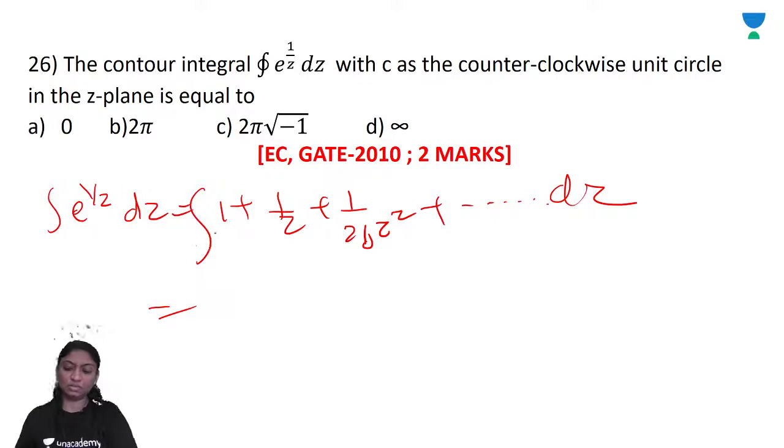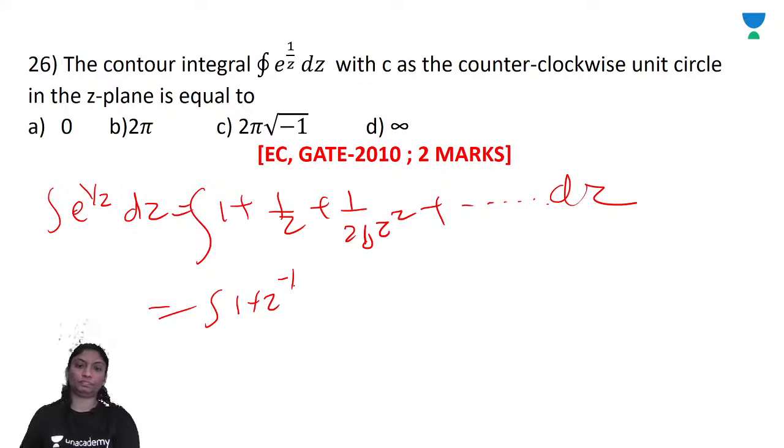So z is equal to 0. This is residue at z is equal to 0 in 1 plus z inverse and so on. So you'll get residue at z is equal to 0 as 1.